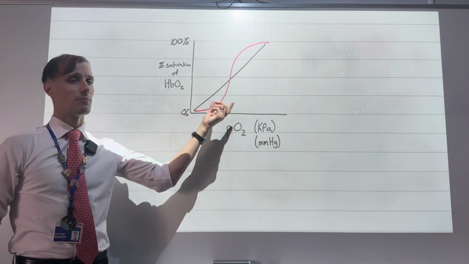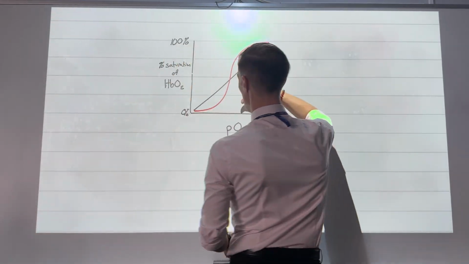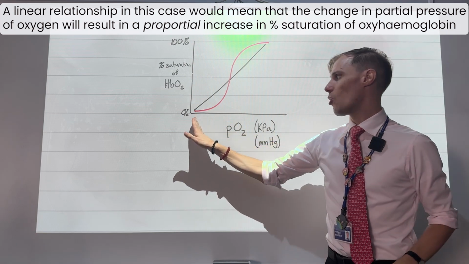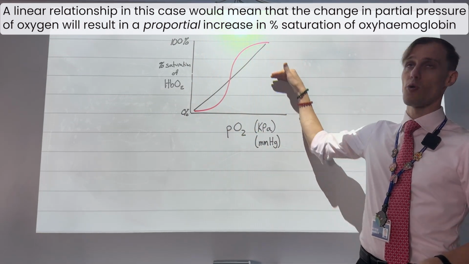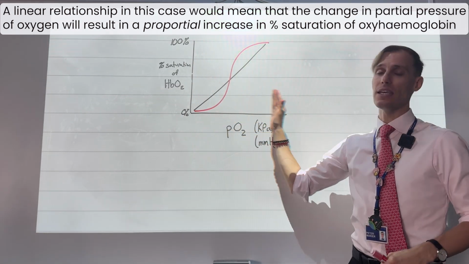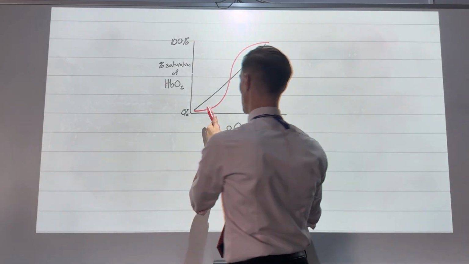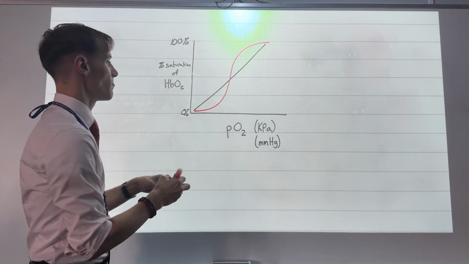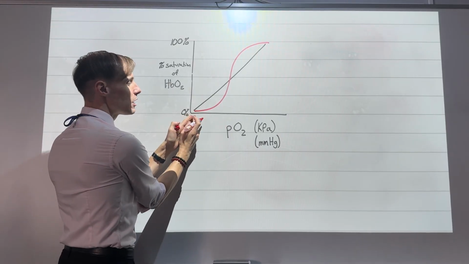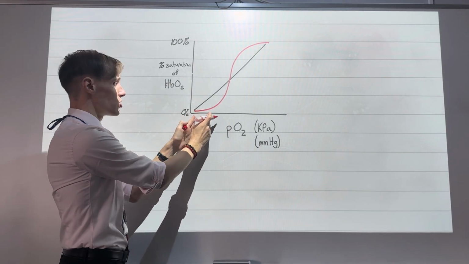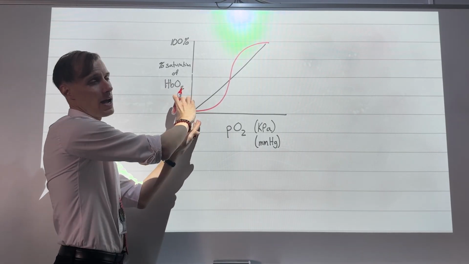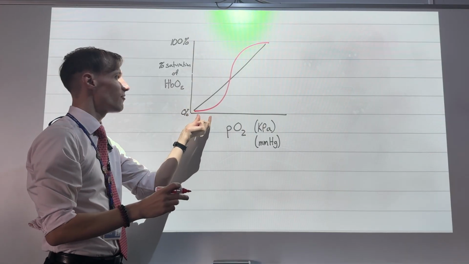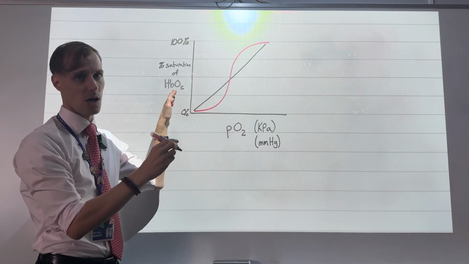Now, this is quite important. So a linear relationship implies that the more oxygen there is, the more saturation it is at any given pressure. But what a sigmoidal curve means is something slightly different. What this curve means is that at a very low amount of partial pressure of oxygen, there's a very small rise, meaning that it's actually quite difficult for hemoglobin to bind onto oxygen.